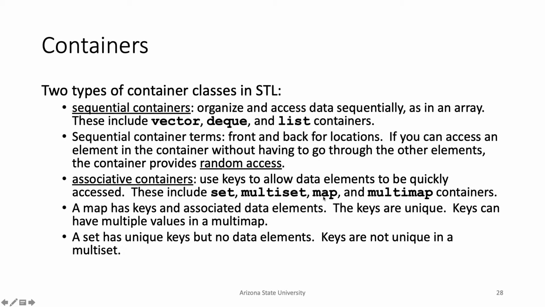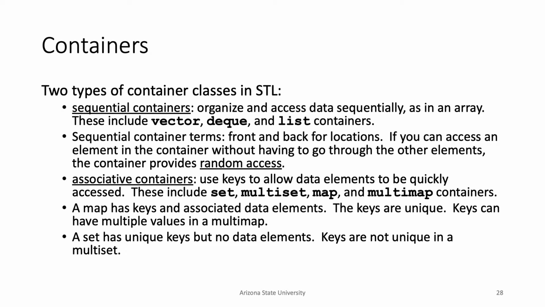So a map is a container that holds these key value pairs. You have a bunch of keys, you can think of them as the menu items, and the associated prices. And each menu item corresponds to one price. And for maps, they are associative, just like sets are, and they don't have duplicate keys.